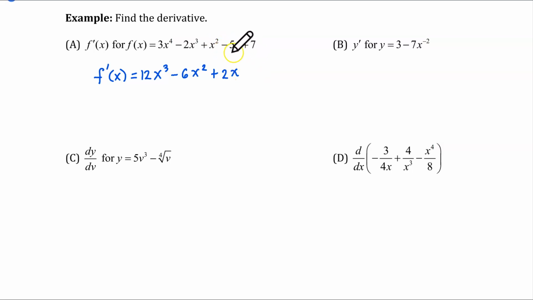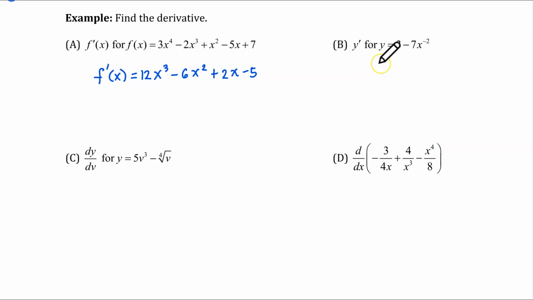And for this term here, the derivative of negative 5x is just negative 5. And the derivative of a constant is just 0. So this is the derivative of the function here.